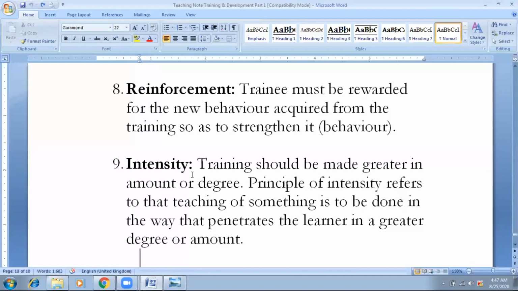So as far as teaching HRM is concerned, my teaching and your learning about HRM, we also try to increase the intensity of our learning by giving notes, by giving various examples, by giving cases, critical incidents, and skill builders.